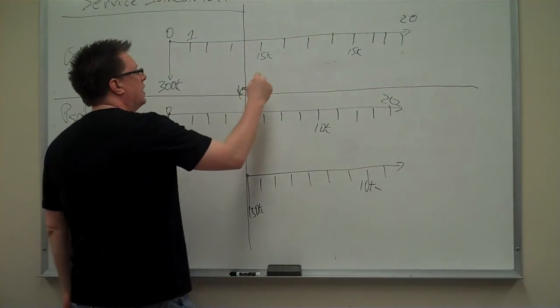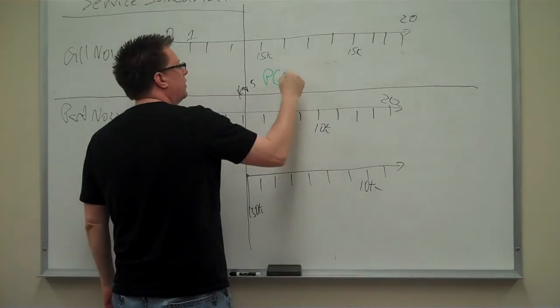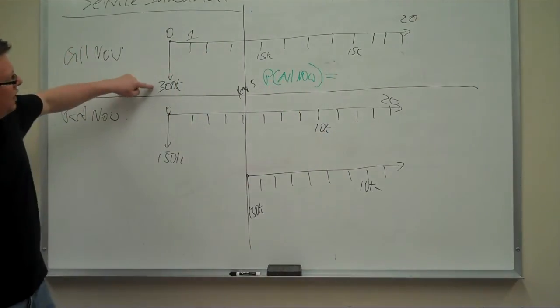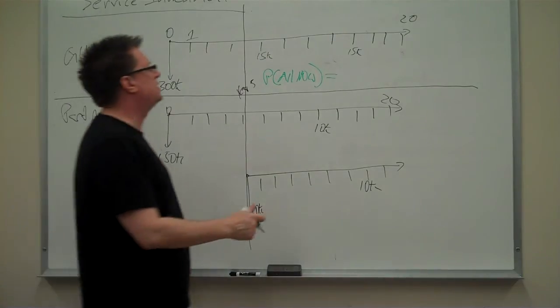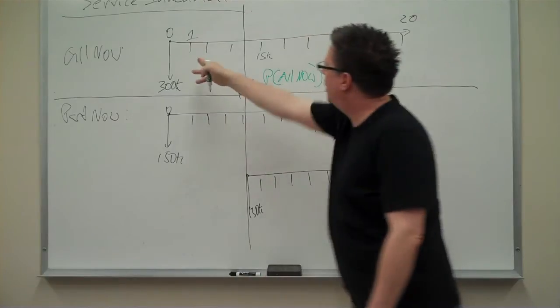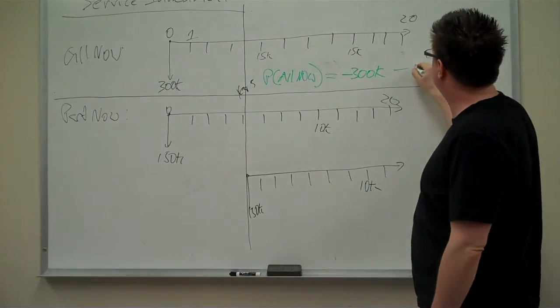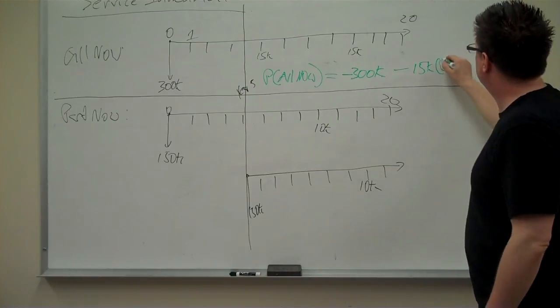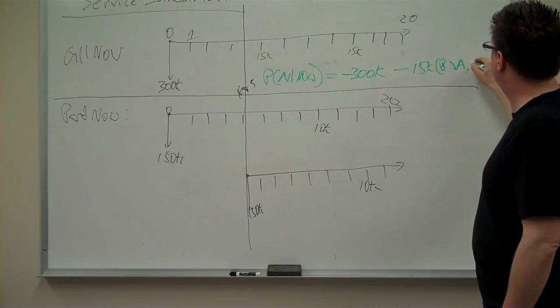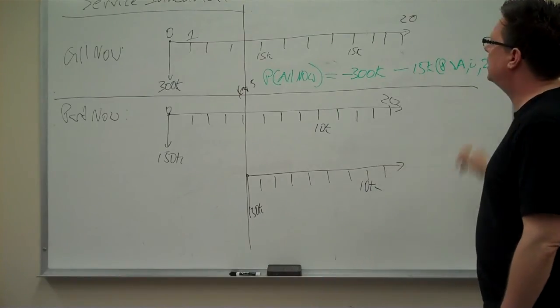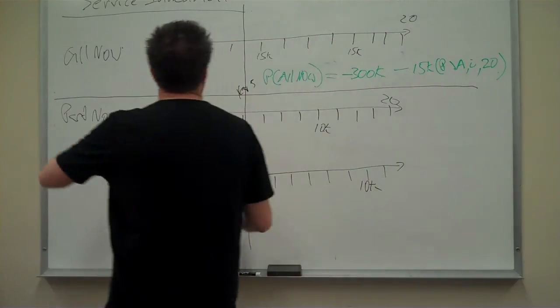For this one, the present worth of all now is just equal to this initial expense that we have here, this negative $300,000. And then we have these additional expenses here, and this is $15,000, and that's every single year for 20 years. So it's looking for P given A, whatever the interest rate is, we'll figure out what that is later, with an N equal to 20. And that gives you the present worth of this option.